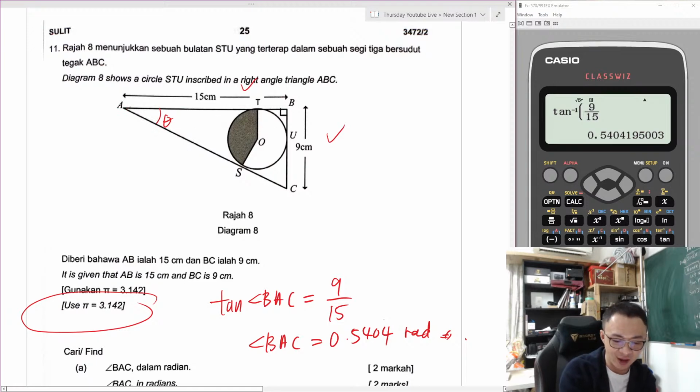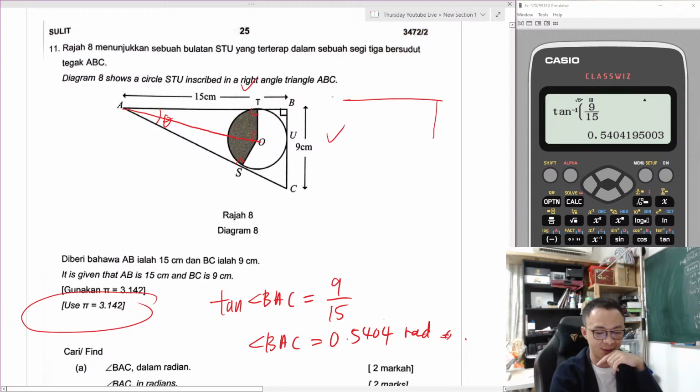I see a lot of students have some smarter way, tangent half theta. Okay, I'm trying to do it myself. I cut this one into half. I believe these two triangles are the same? 90 degree, 90 degree. And the angle will be the same as well, right? So if the same, then I can find the R easily here.